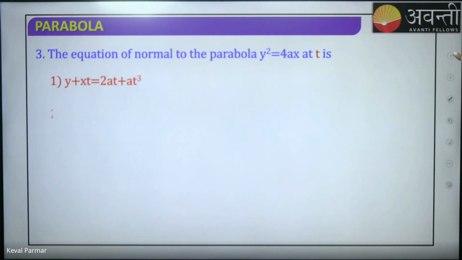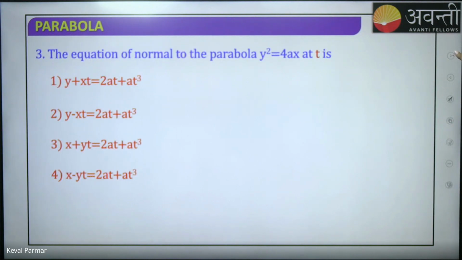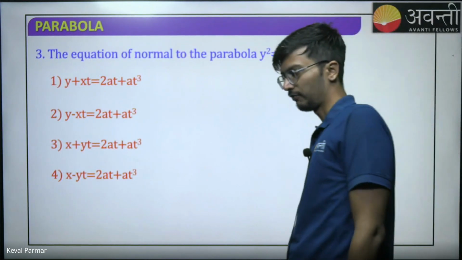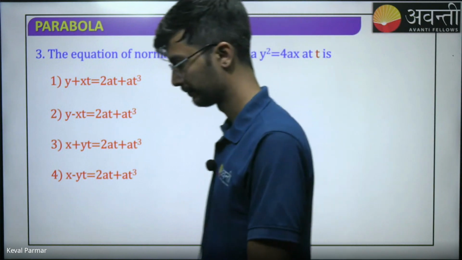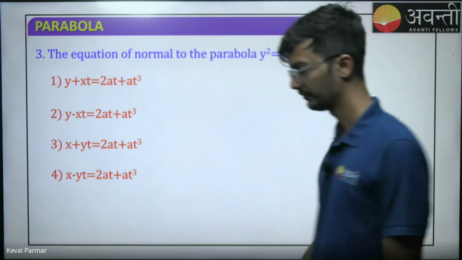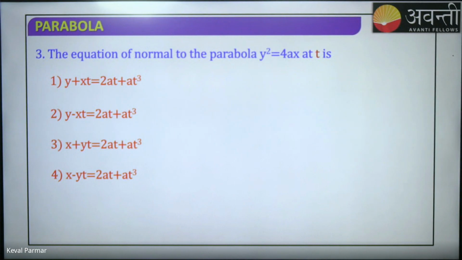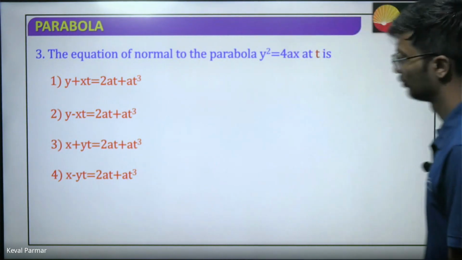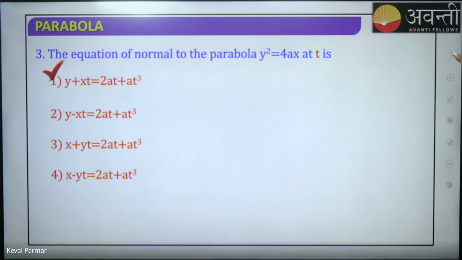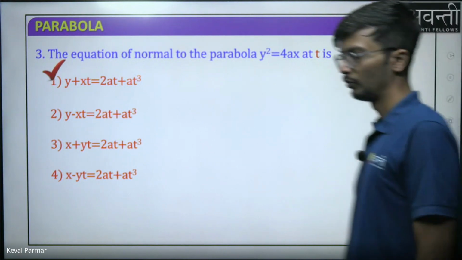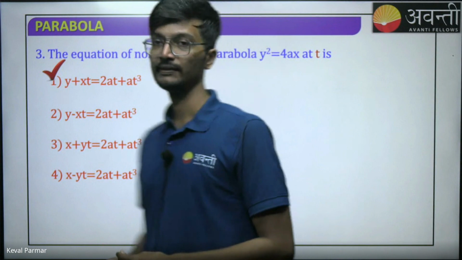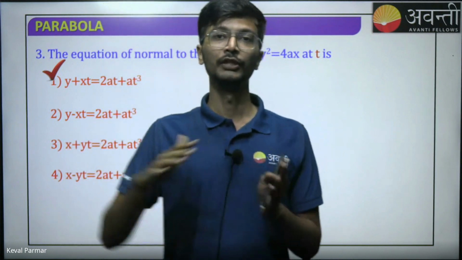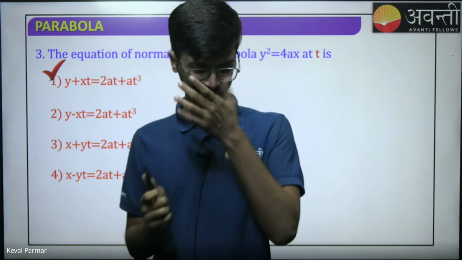So next, the equation of normal. Every equation in parametric form, it is better if you remember it. What is it, guys? The equation of normal. Yes, it is the first one. So these are the only things you need to do in parabola.